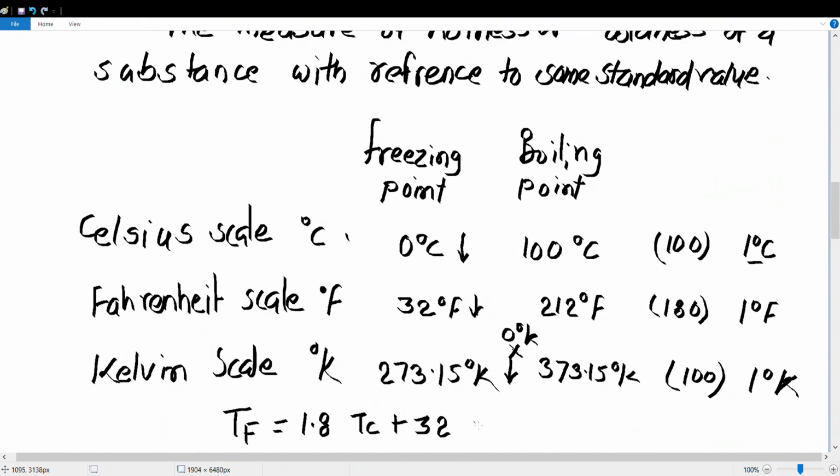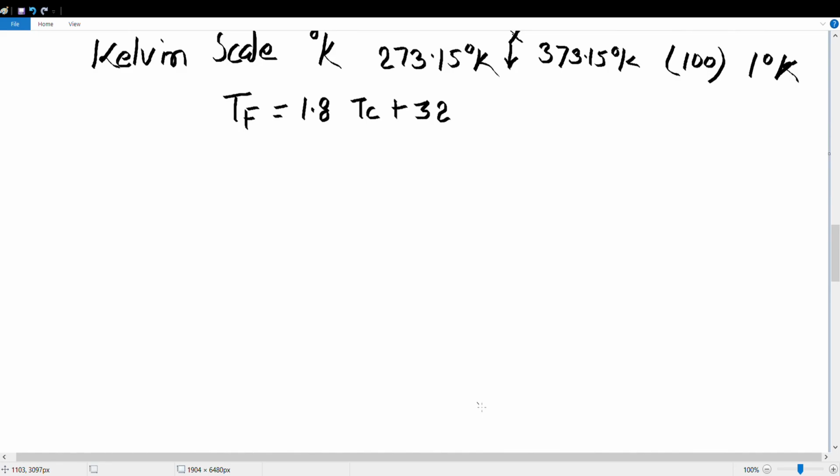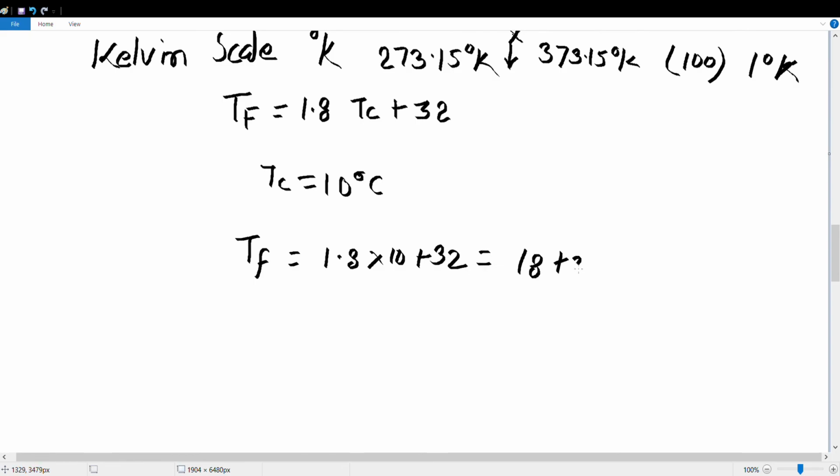Suppose, for example, we have the temperature equal to 10 degree Celsius. Tc is equal to 10 degree Celsius. Now let us substitute this. Tc is equal to 10. Then you get the temperature in degree Fahrenheit equal to 1.8 into 10 plus 32, which is 18 plus 32, equal to 50. So 10 degree Celsius is equal to 50 degree Fahrenheit.